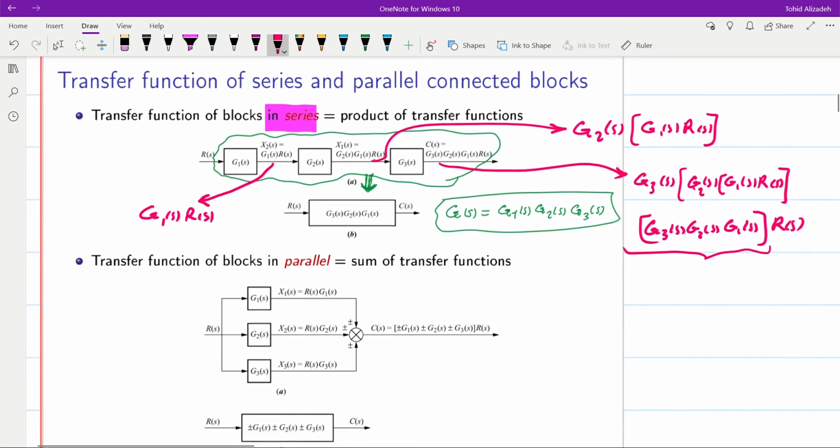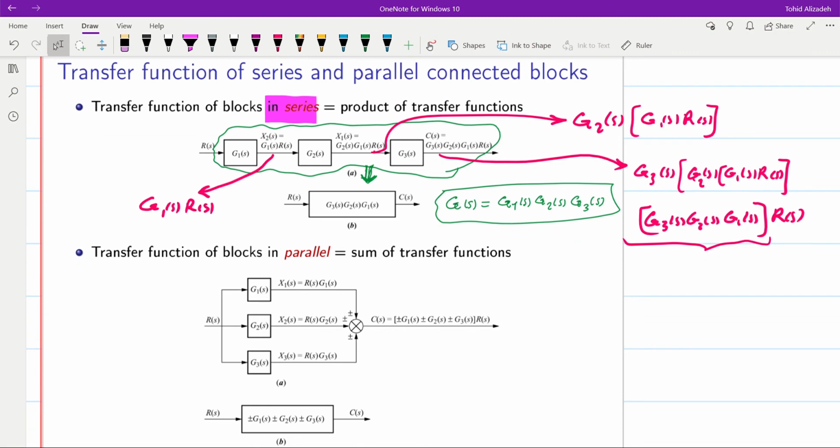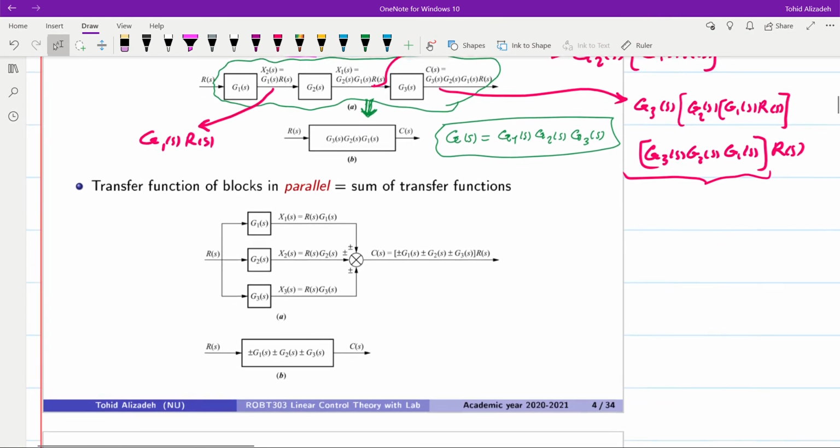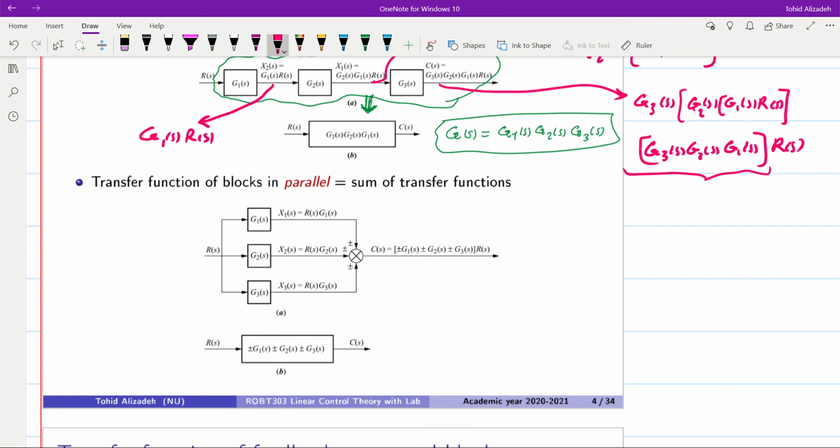On the other hand, when we have the blocks combined in parallel form, and you can see one example over here, we can combine them and represent them with a single block. The transfer function for that single block will be the summation of the transfer functions of all those blocks. Over here you can see that the three blocks with the transfer functions G1, G2 and G3 are receiving the same signal.